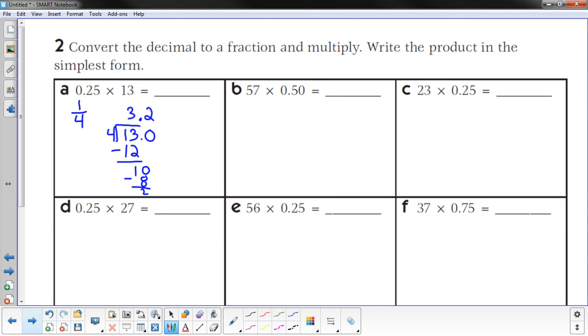Run out of room. I'll need another 0 to bring down. How many 4s go into 20? That's 5. And 20 minus 20 would be 0, so I have no remainder. So my answer is 3.25.